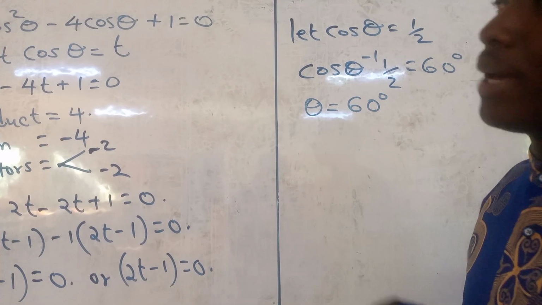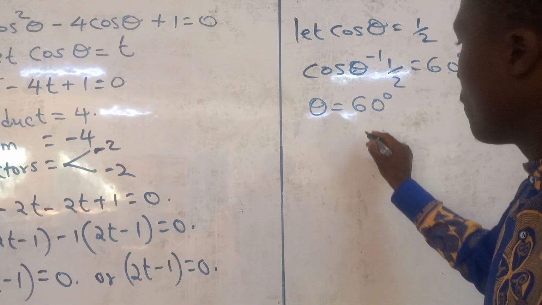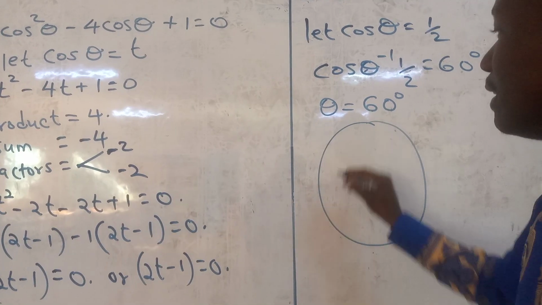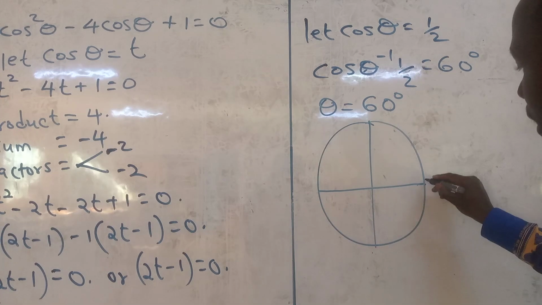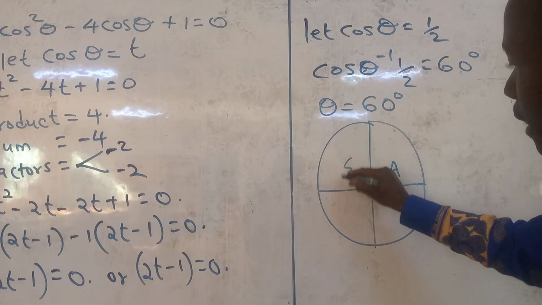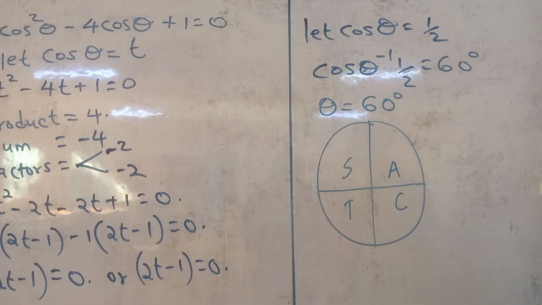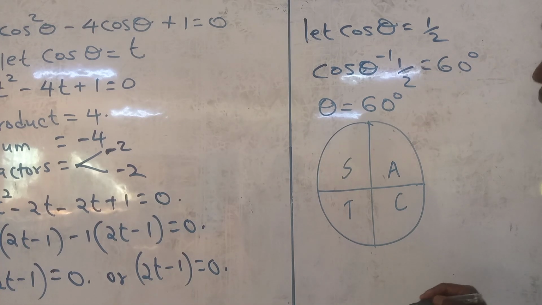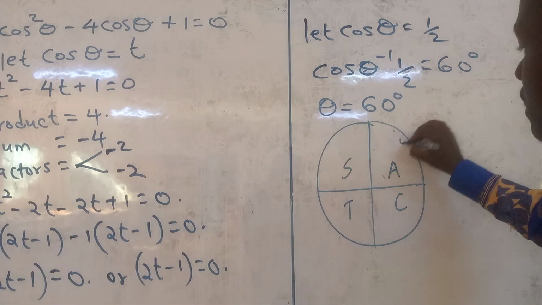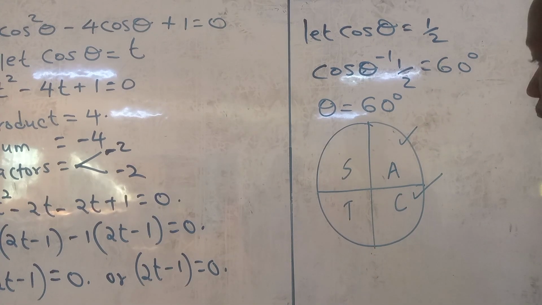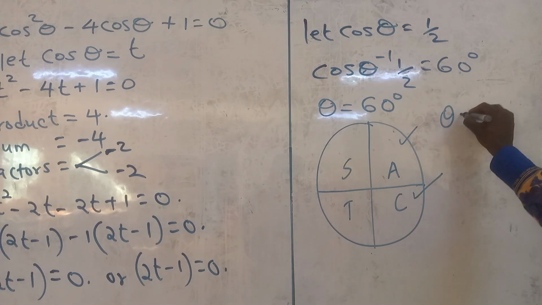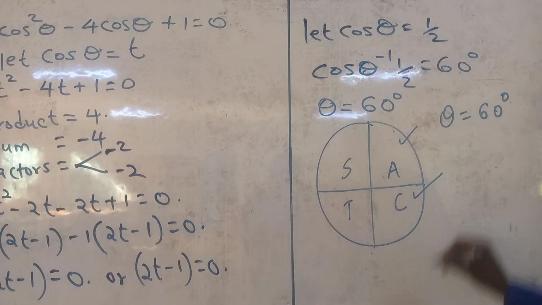We are interested where the cosine is positive. So we can have our unit circle there, and we are quite familiar that the only areas of a unit circle where the cosine is positive are the first quadrant and the fourth quadrant. So we conclude that our first theta is equal to 60 degrees.